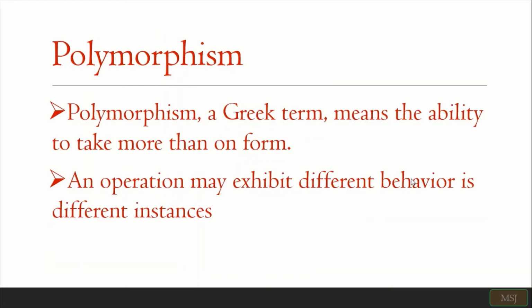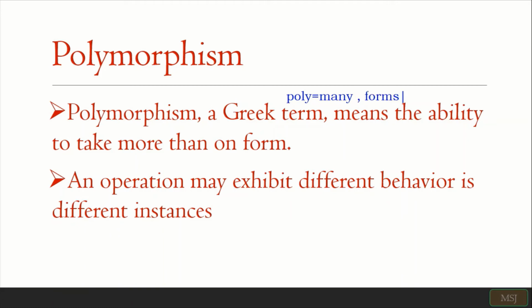Then comes the concept of polymorphism. Actually, polymorphism is a Greek term. We all know that poly means many, and morph means forms. So, many forms.